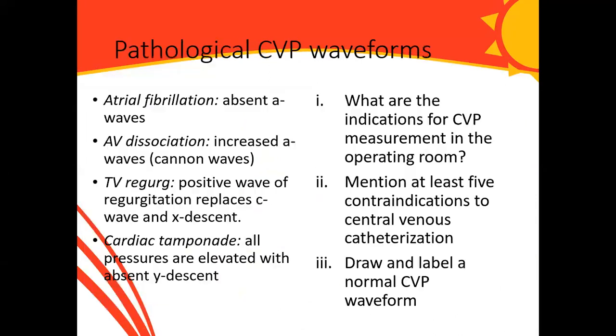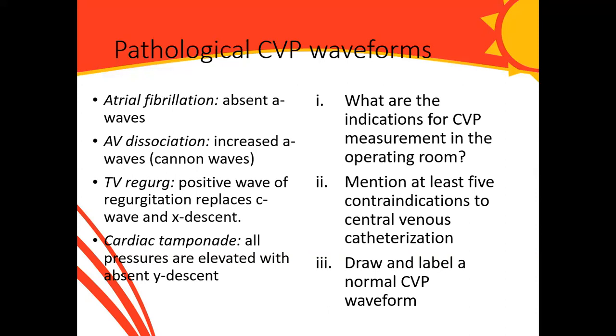And the next slide will show you some pathological CVP waveforms that, once you see them, give an indication of what's going on. Just like the absent P waves when there is atrial fibrillation, the A waves on the CVP disappear. All right, you see Cannon A waves when there's AV, atrioventricular dissociation.